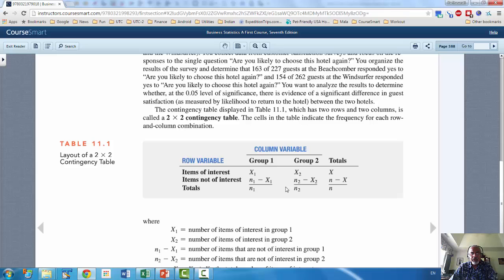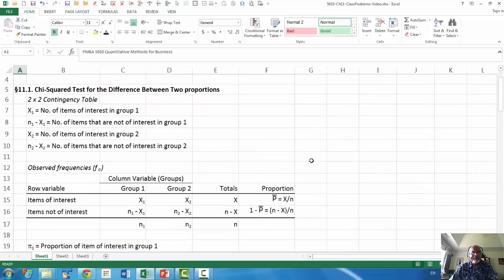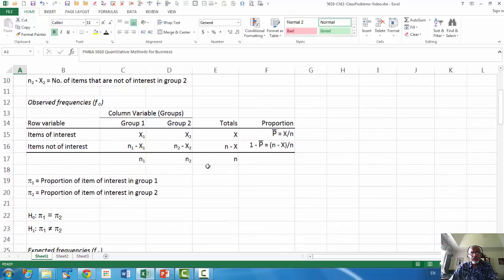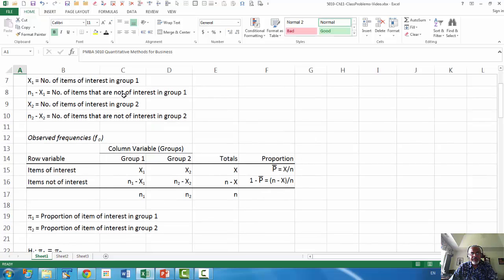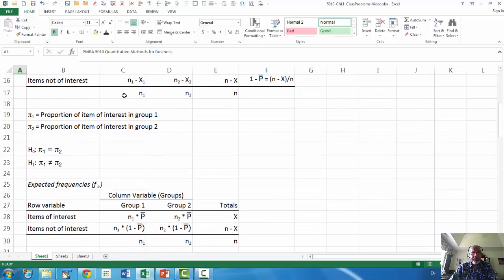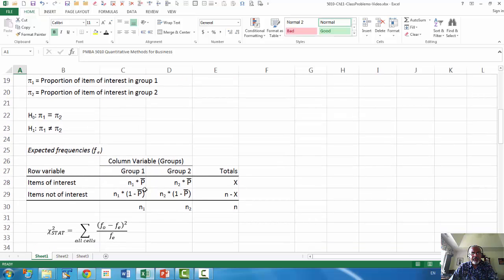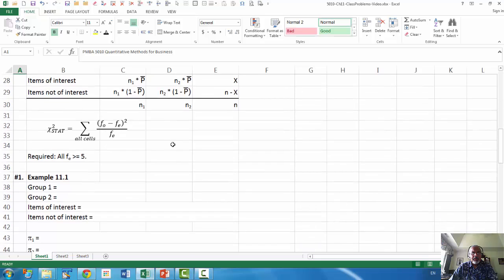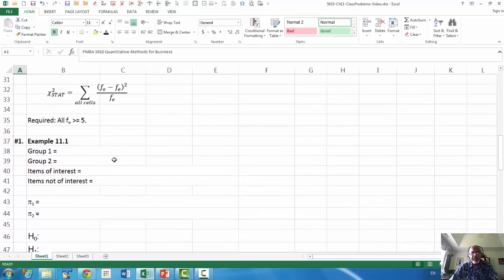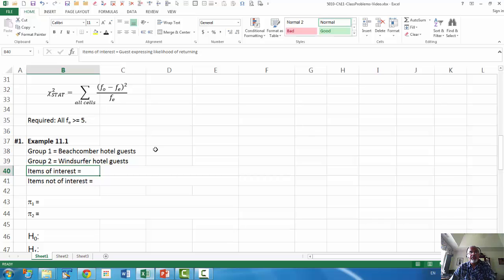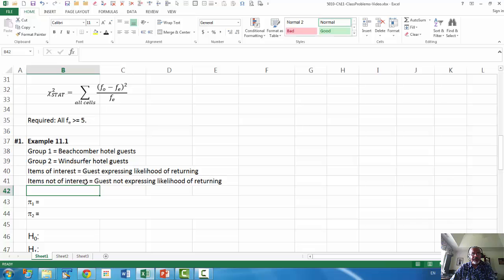So now let's head on to the Excel file. Here what we discussed already is presented, the expected frequencies. For our example, group 1 is the Beachcomber Hotel, and the second group is the Windsurfer Hotel guests. The item of interest here is the guest expressing a likelihood of return, and the other is the item of not interest.